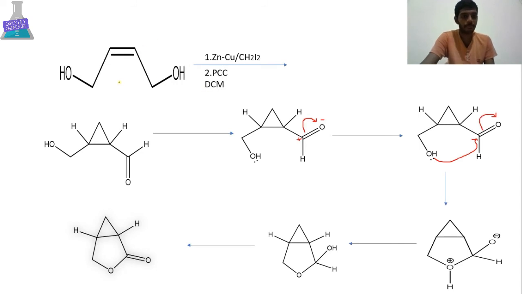You see this example. This is a starting material. We are reacting with zinc copper in presence of methyl iodide. This is the Simmons-Smith reaction, which converts this alkene to cyclopropane.